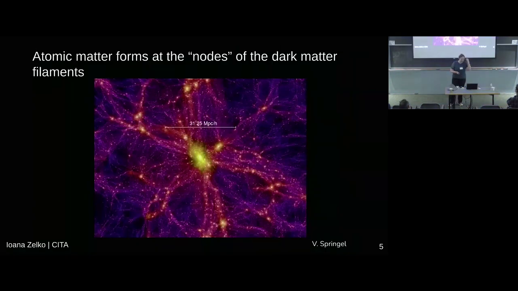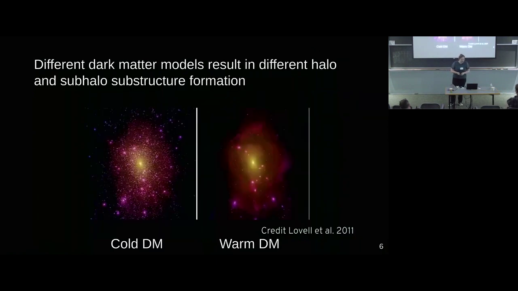So the key here is the fact that all galaxies form at actual nodes of dark matter filaments. And it's also very convenient for us that different particles of dark matter result in different substructure formation at the level of halos and subhalos that can be probed with this technique.